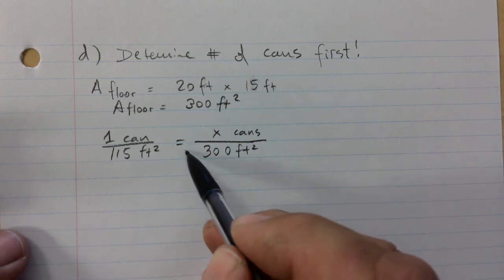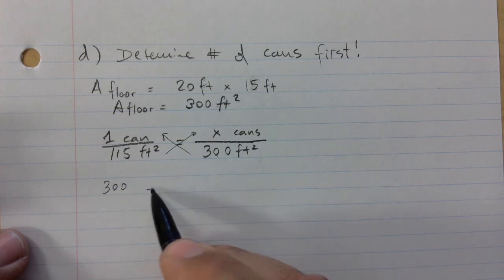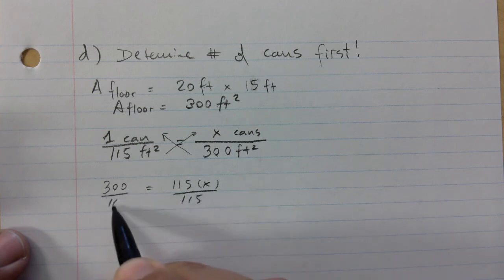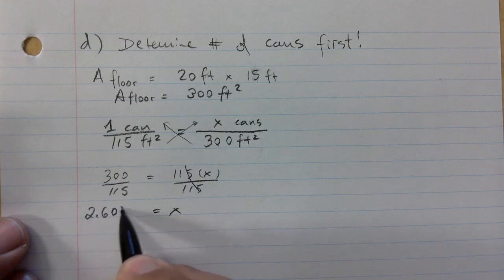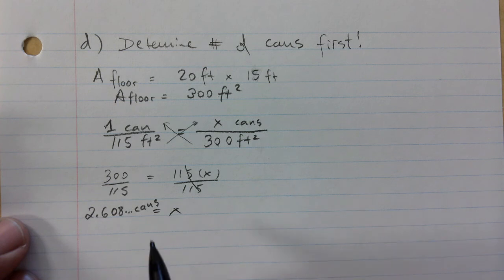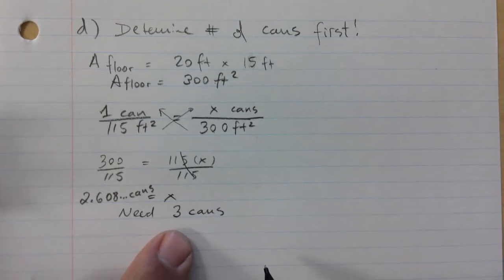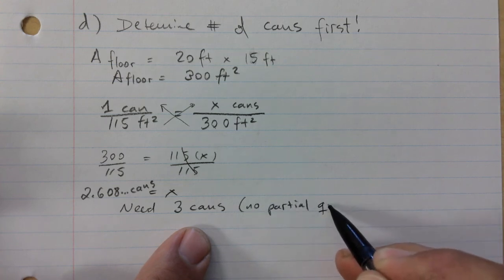Okay, so you cross multiply. 300 times 1 is just 300, and 115 times x, divide both sides by 115, and it's 300 divided by 115, that's 2.608 cans, right? So what we need is 3 cans. You cannot buy partial quantities.